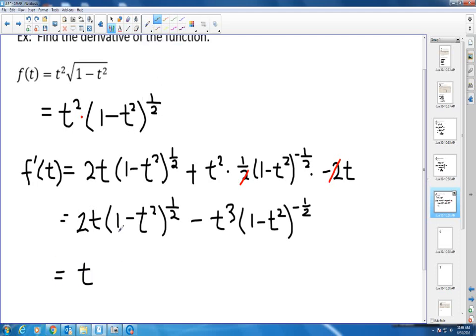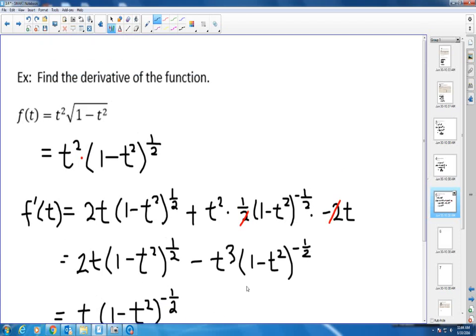Alright, since I do have 1 minus t squared for both terms, even though their exponents are different, what I can do is factor out 1 minus t squared to the negative half power. Why negative half power?